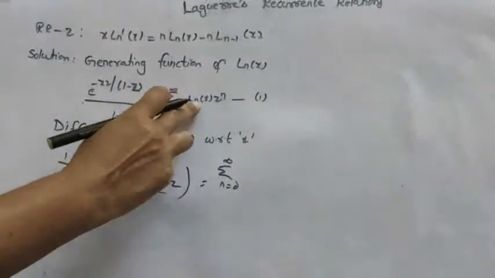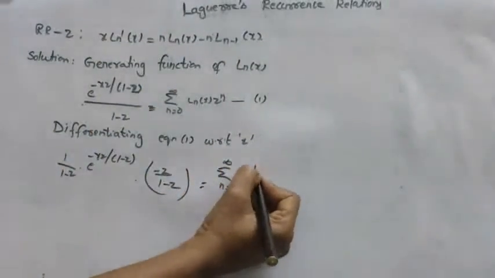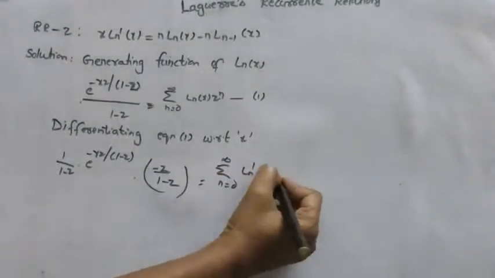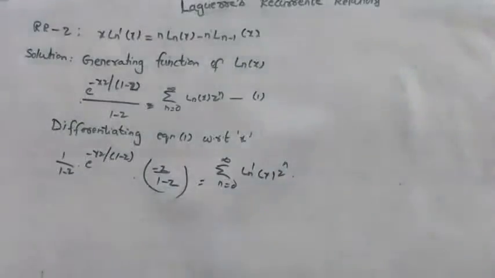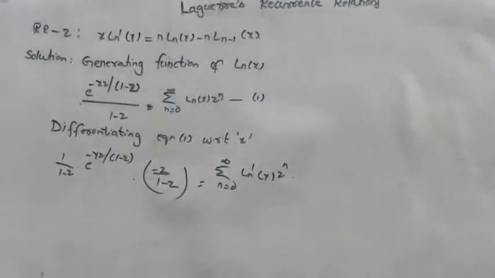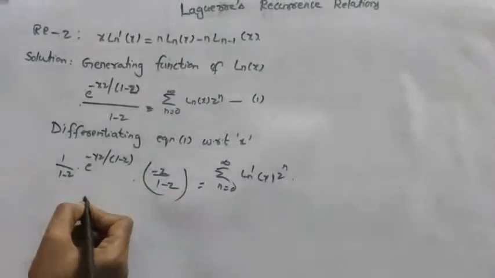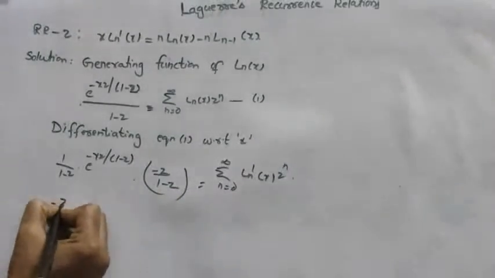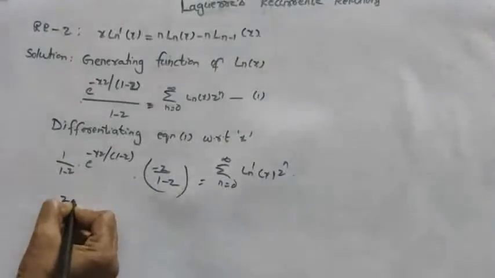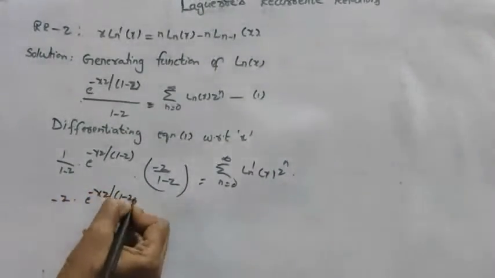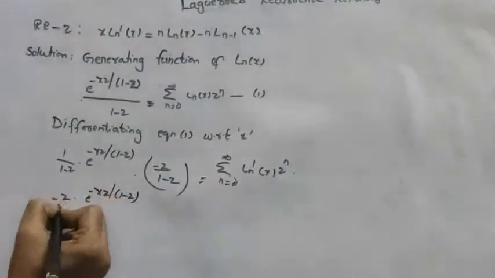is equal to summation n is equal to 0 to infinity. Here d by dx of Ln of x can be written as Ln dash of x, where dash represents differentiation of the Laguerre polynomial, into z power n. Now I am bringing minus z as an initial term, so minus z into e power minus xz by 1 minus z, taking the whole term.